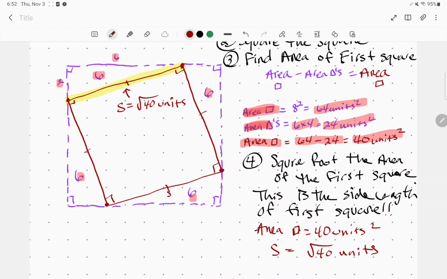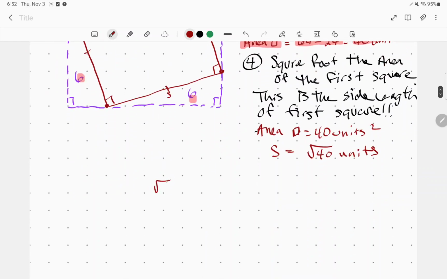Now, if you needed to estimate this, don't use a calculator. If you needed to estimate this, if we think about it, the square root of 40 is between the square root of 36, which is 6 squared, and the square root of 49, which is 7 squared.